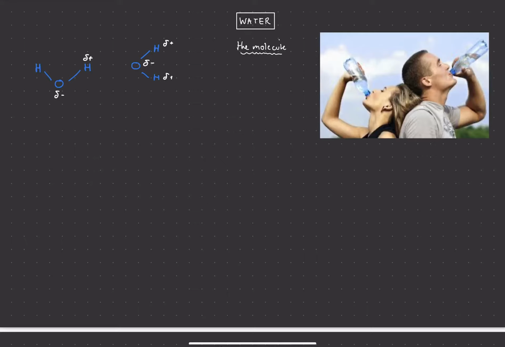These hydrogen atoms are attracted to these oxygen atoms, and we call this a hydrogen bond. You have to remember, it's between the delta positive hydrogen and the delta negative oxygen. This symbol is called delta and it means slightly. So this is a hydrogen bond, and this is really important.